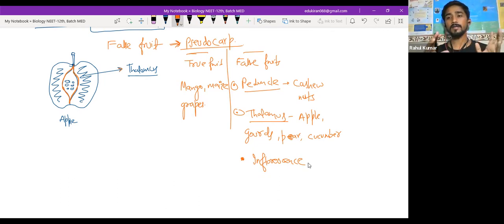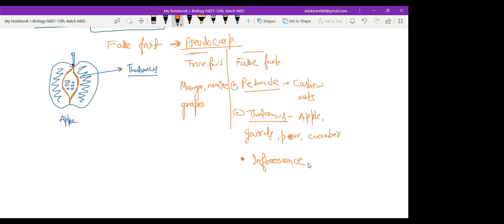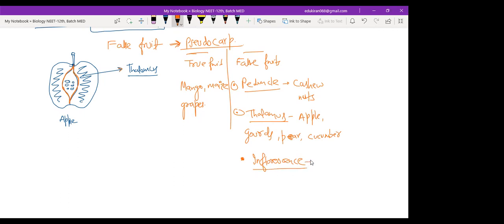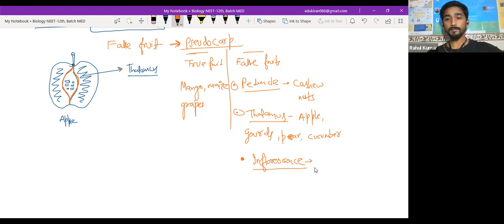Has anyone seen a mango tree flowering before fruiting? They are like bushy flowers, small, present in a bundle, a lot of them together. That is called an inflorescence. Sometimes this whole inflorescence ripens and becomes a tissue. And the fruits formed from an inflorescence are jackfruit and pineapple.